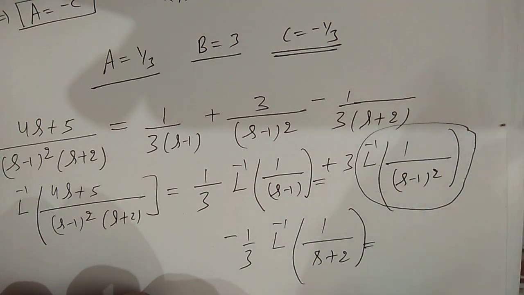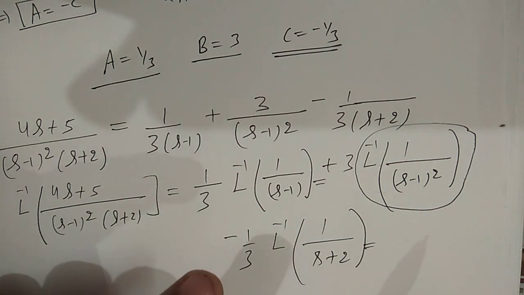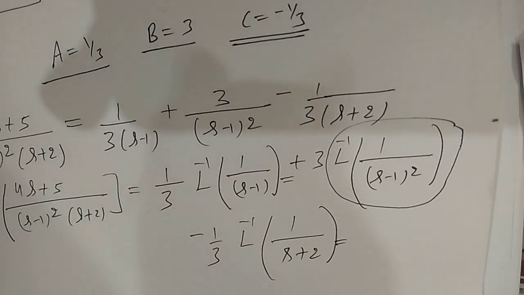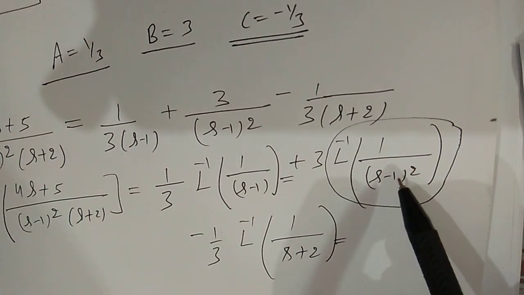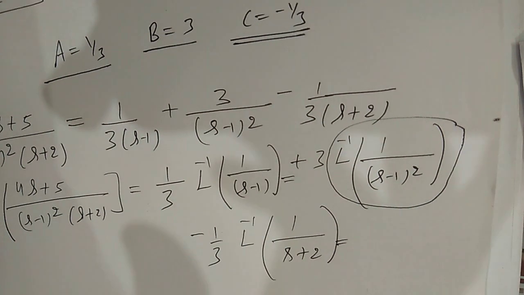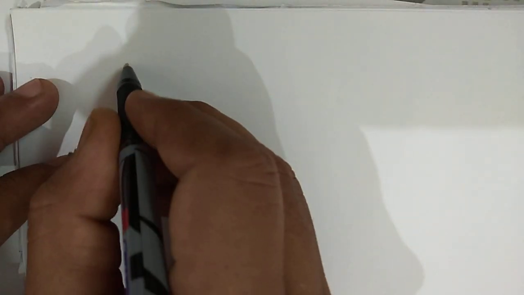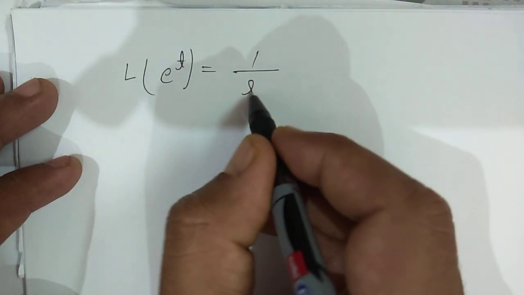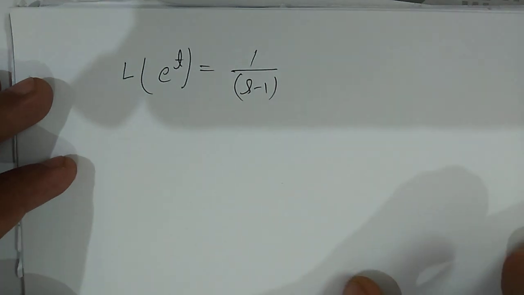Before seeing this video, it is recommended to see the previous video on Laplace transform, how to find Laplace transform. Then it will be more comfortable to understand this part. I am going to explain how to find inverse Laplace of 1 upon (s - 1)². Laplace of e^t equal to 1 upon (s - 1).